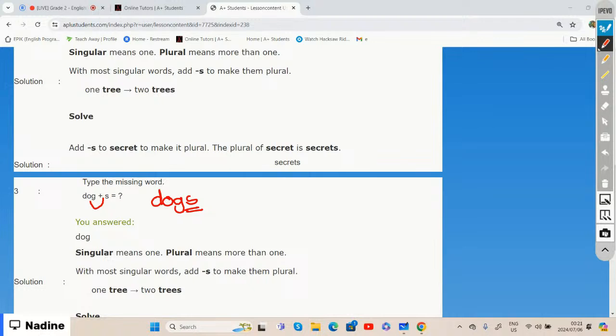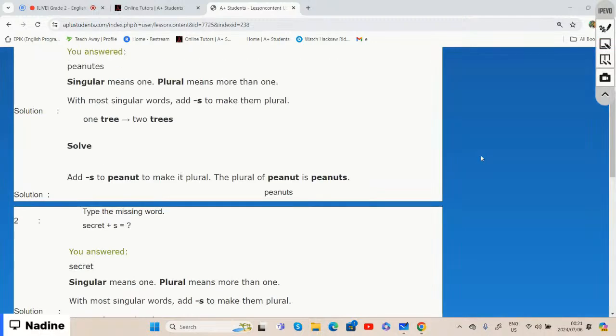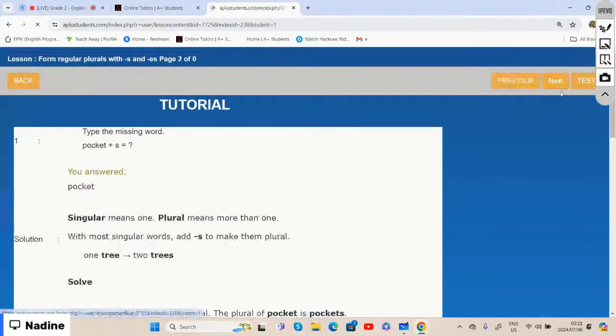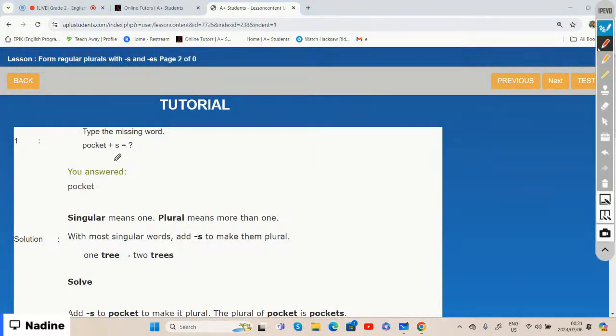All right, let's go on to the next one, where we're going to be making more examples. So let's go next before we go on to our test. Pocket, one pocket. If we add an S to the word pocket, then maybe your jean has four what?